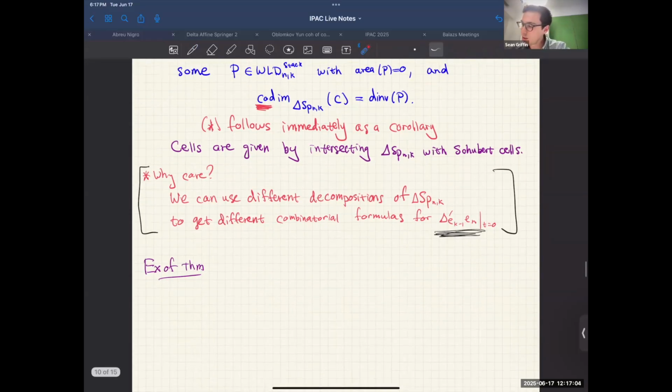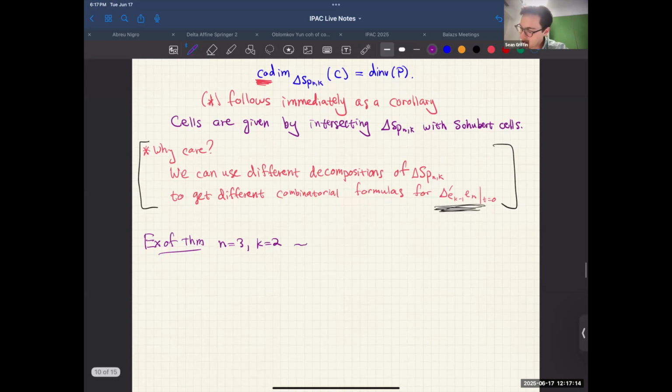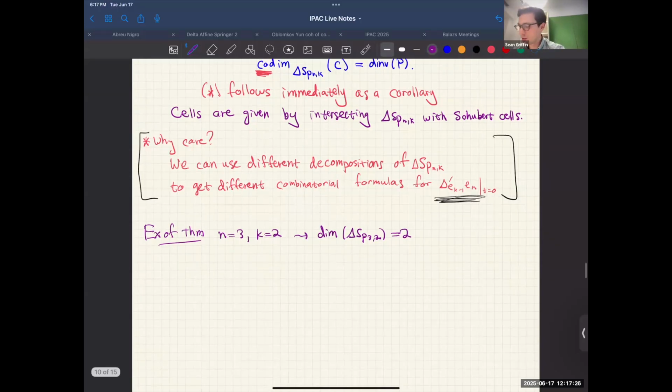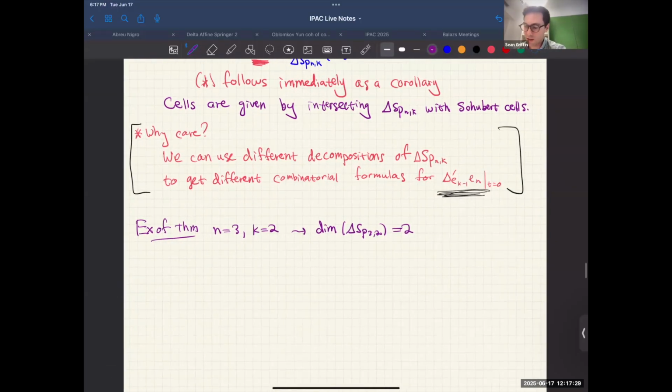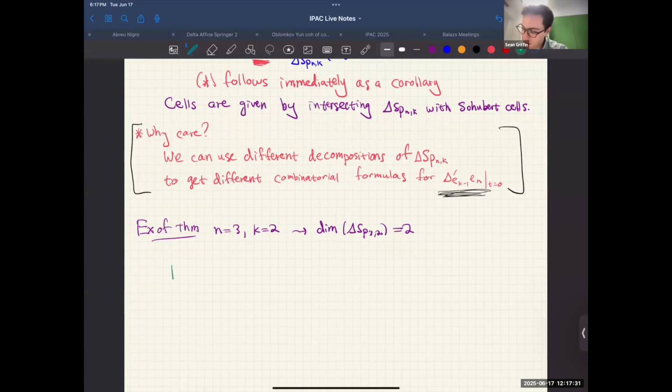Okay, so how do these cells work? Let's specialize to n equals 3, k equals 2. Then I'll just give you that the dimension of this variety is 2. There's a formula for it, and it happens to be 2 in this case. Say you start with one of these leaning stack pictures.